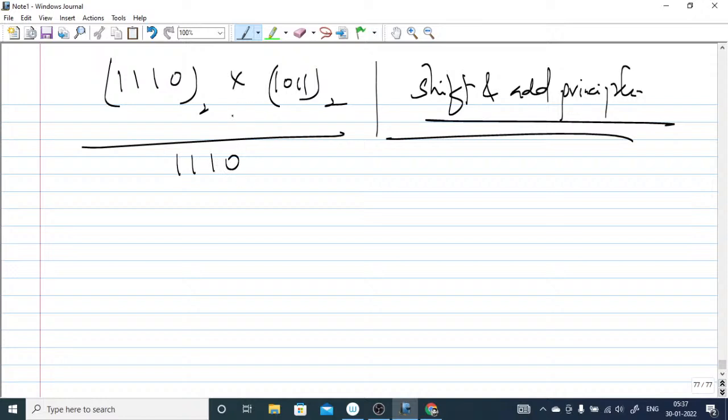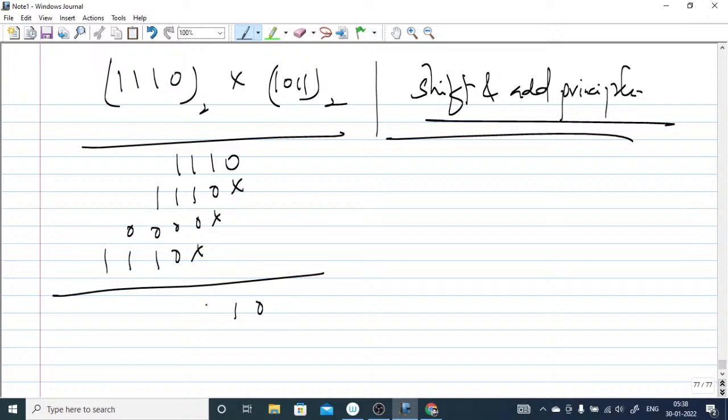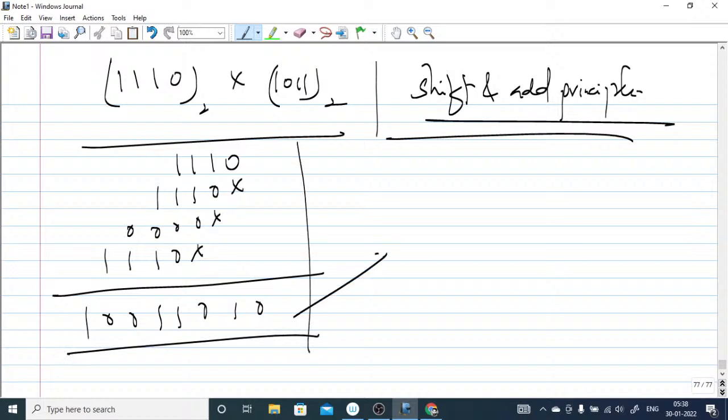And then you write here 0111, and next 0 is there, so everything will be 0 here. So just shift everything from right to left, and then next this will be 0111, and now add. And this gives 011001, right?